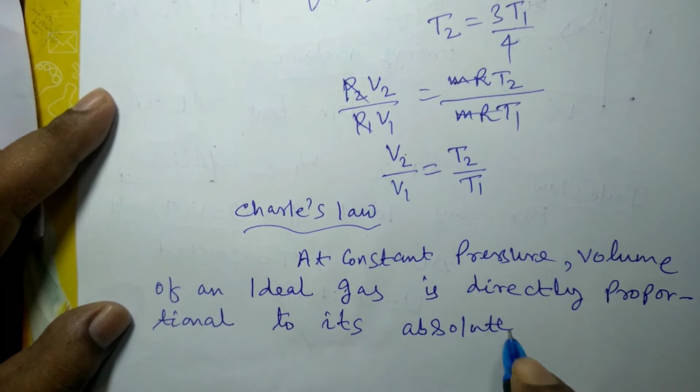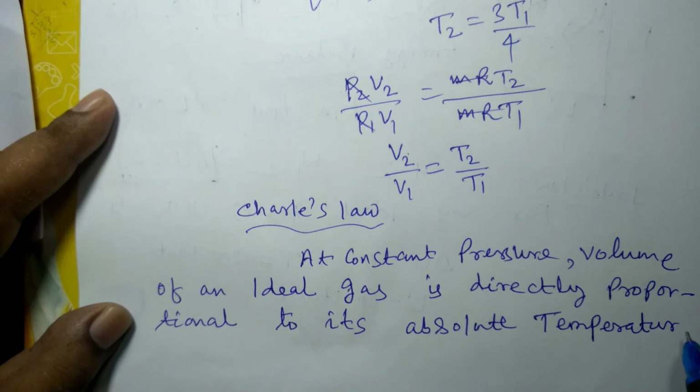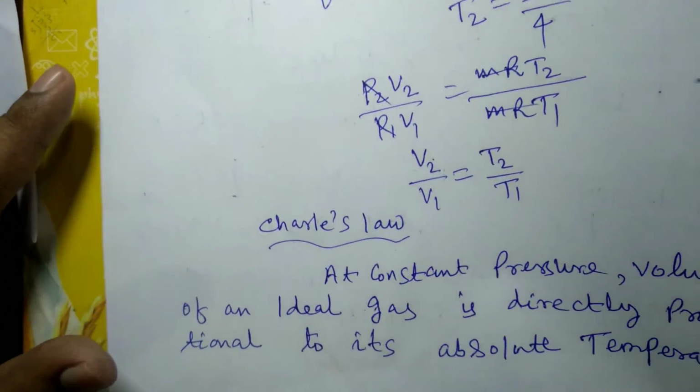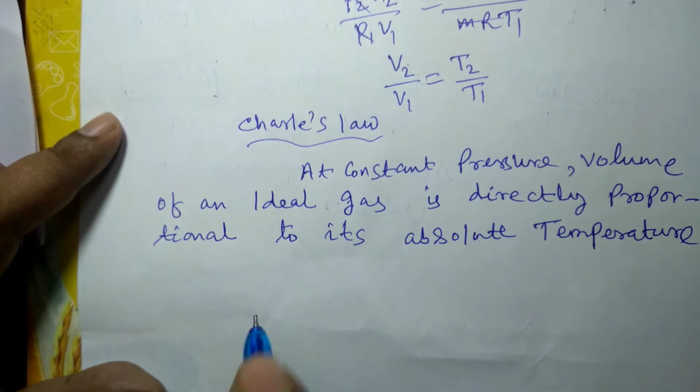Absolute temperature means temperature is denoted by capital T and expressed in Kelvin. So V2 by V1 is equal to T2 by T1.